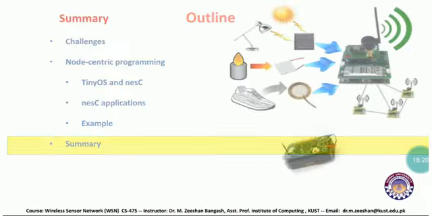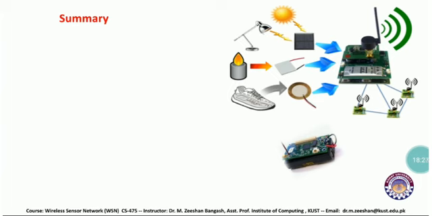So in today's discussion, we talked about some of the challenges of wireless sensor networks, that include the reliability constraint, the resource constraint, the scalability constraint, and the node-centric programming constraint for programming this special type of network.